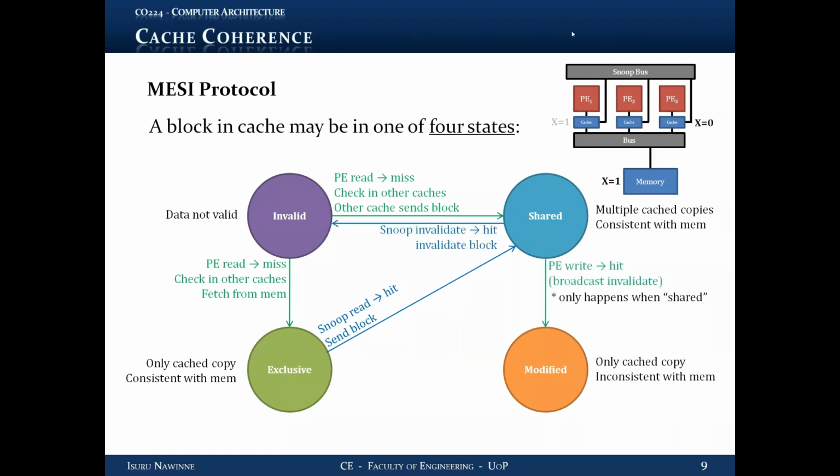The block in PE1's cache was shared when that write access happened. Before that write access happened, the state was shared. So to that shared block, cache controller 1 receives a write from the processing element, and it is a hit. We had the data, right?